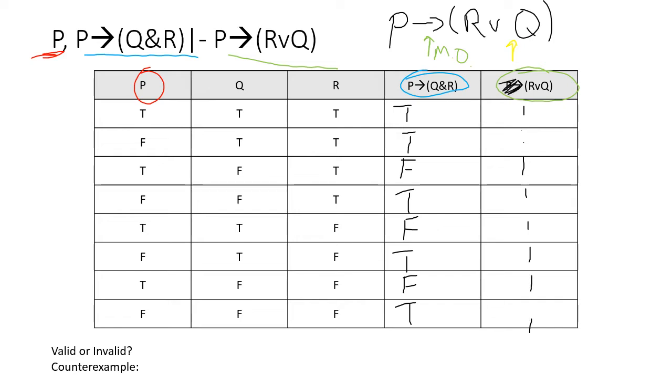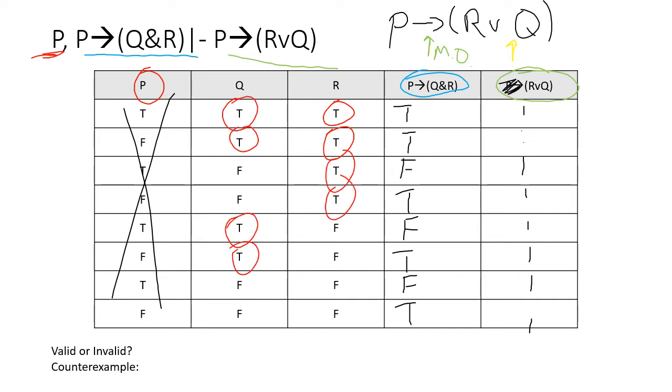We'll ignore the P arrow again, and we can just ignore this. We're just going to use the Q and R to evaluate this one. Where is a wedge true? Well, it's true wherever at least one of the sides is true. That's going to be in rows 1 through 6.